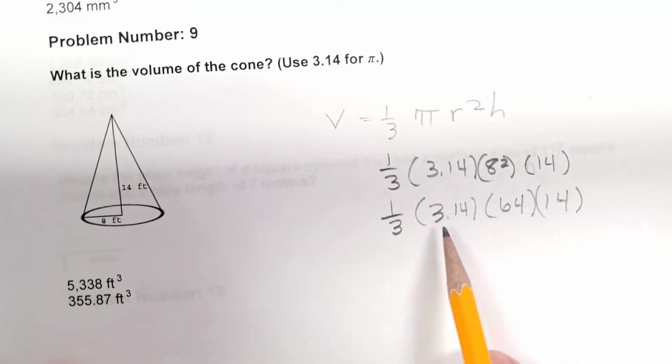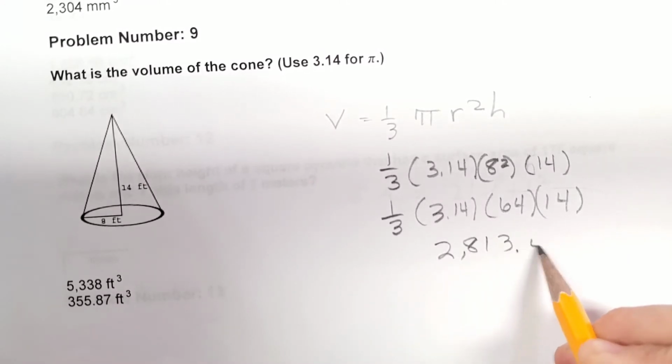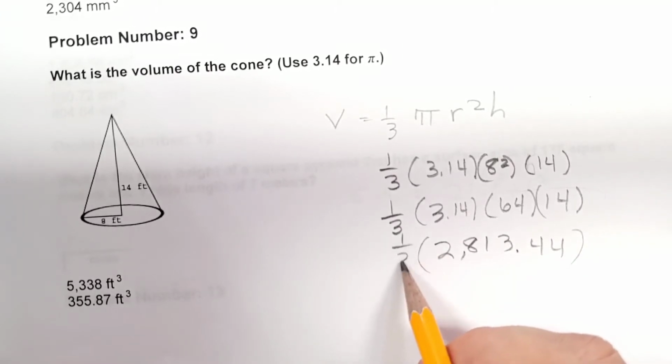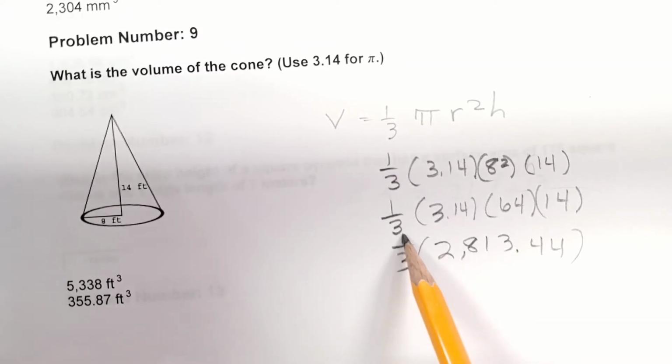Okay, we multiply all of this together and we'll get 2,813.44. And then we still have to multiply it by 1/3, which to multiply by a fraction, you just multiply by the numerator and then divide by the denominator.